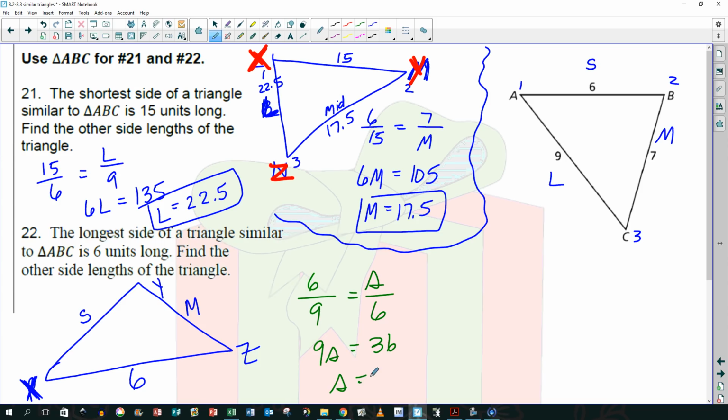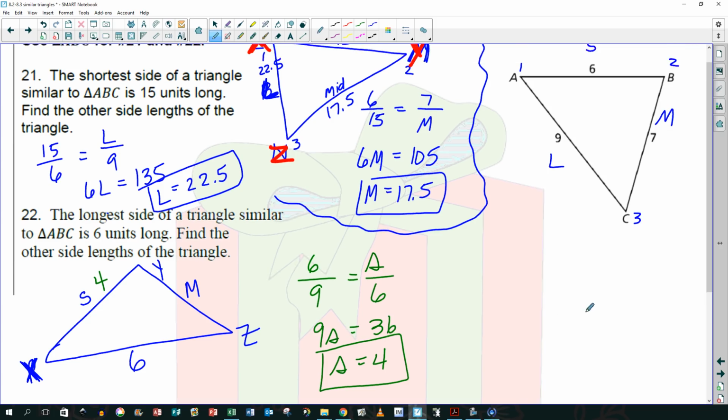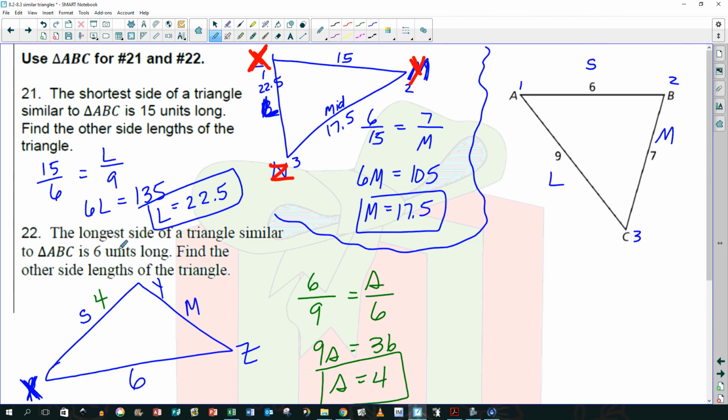So the shortest side is 4. So the shortest side on this one is 4. Same thing: the longest side of a triangle similar to triangle ABC is 6. So this is the longest side.